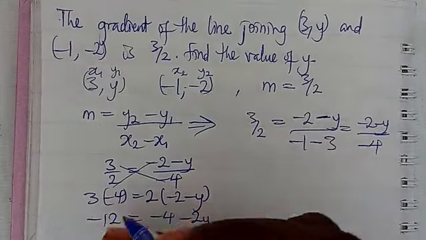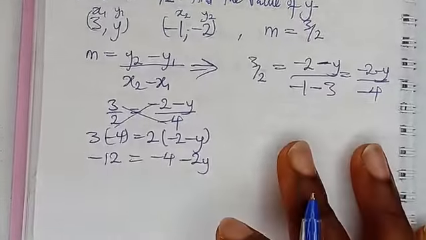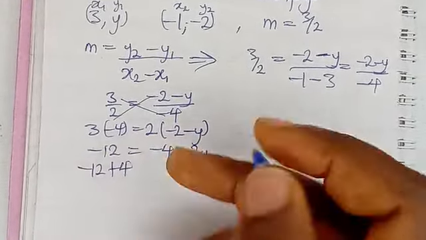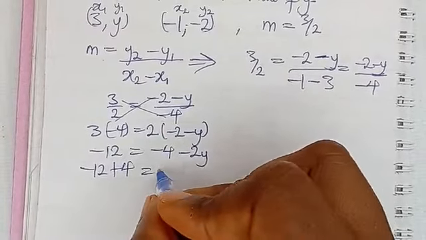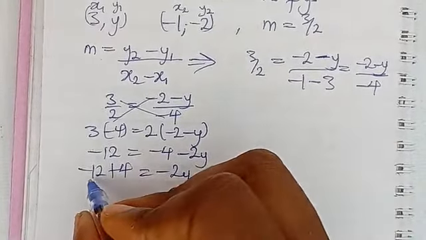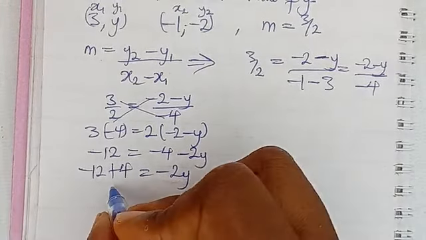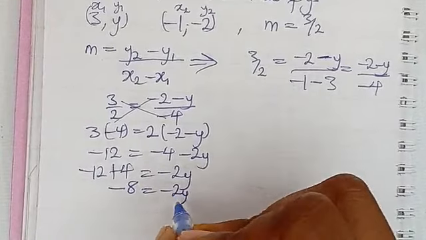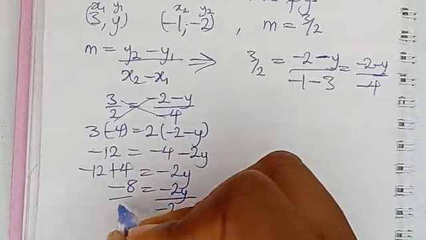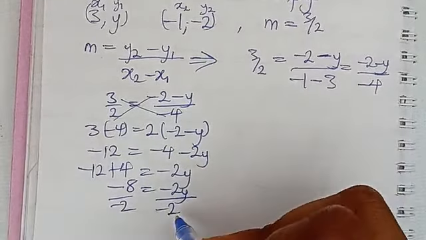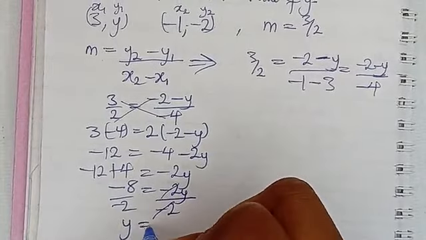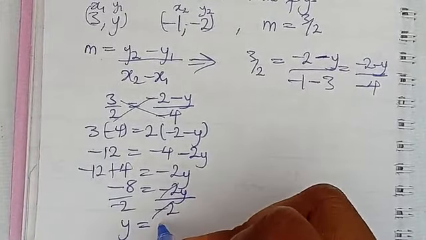Okay, we collect like terms, right? So in collecting like terms, we have -12 plus 4, because the -4 crosses over to be a plus 4, is equal to -2y. -12 plus 4, that is -8, is equal to -2y. We divide both sides by -2. So when we do that, we are going to see that y is equal to 4.